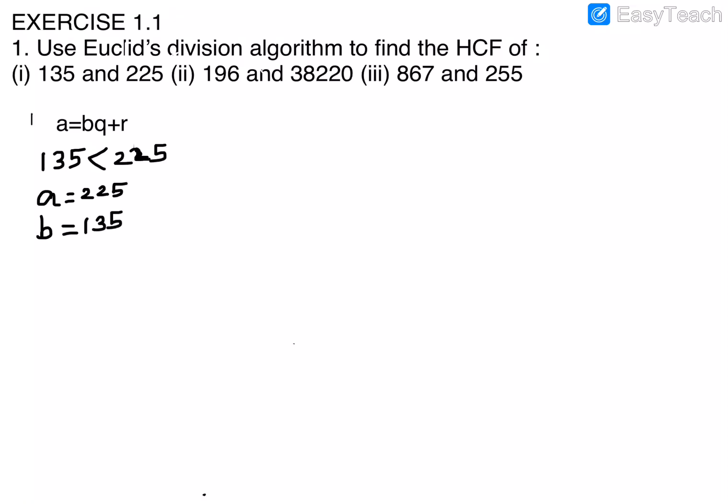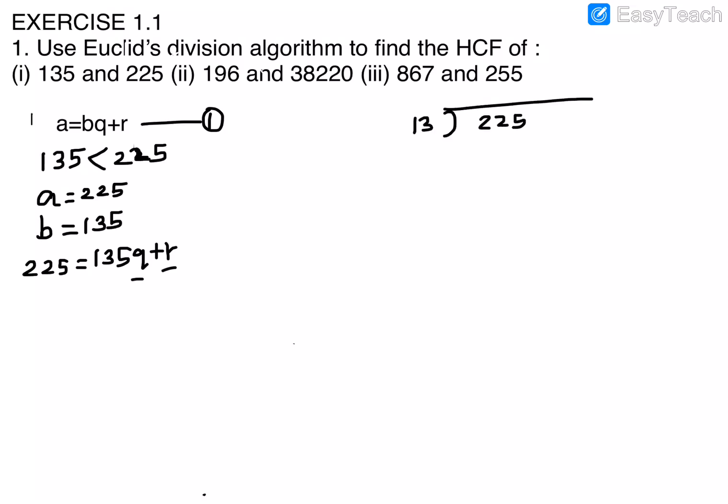Let's perform the long division. So before that I substitute in our lemma, 225 equals 135 Q plus R. We are going to find Q and R using the long division method. Let's perform it. So 225 inside and 135 outside. 135 once, so the remaining is 90.